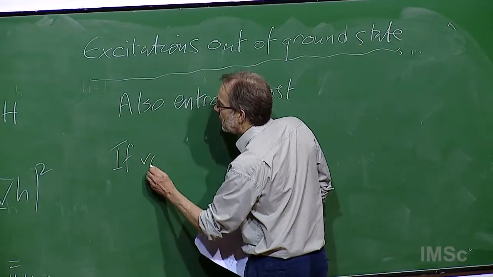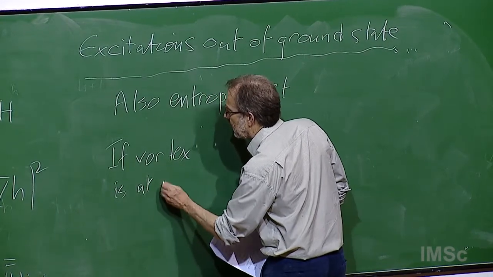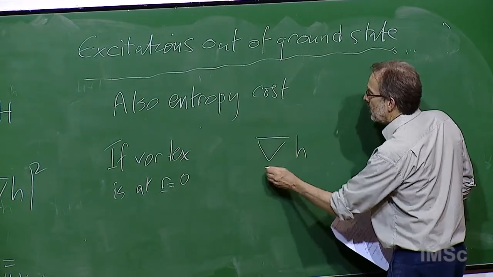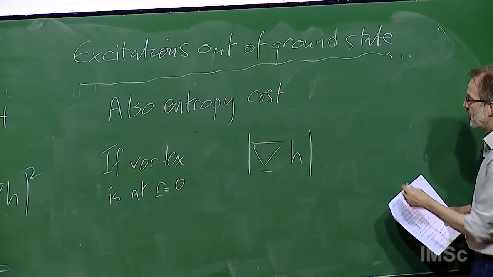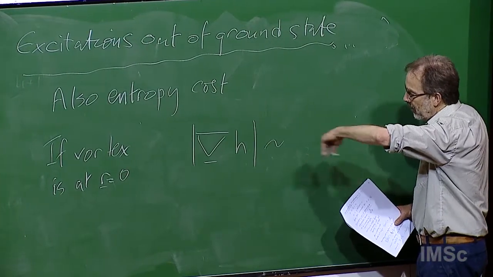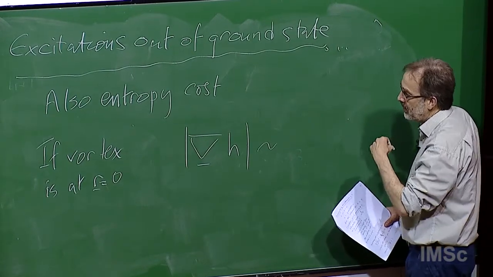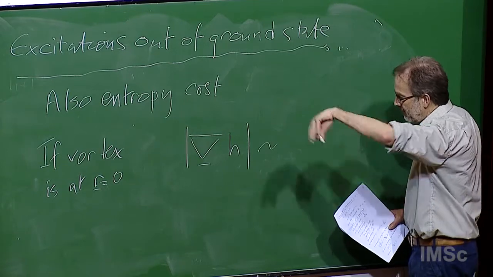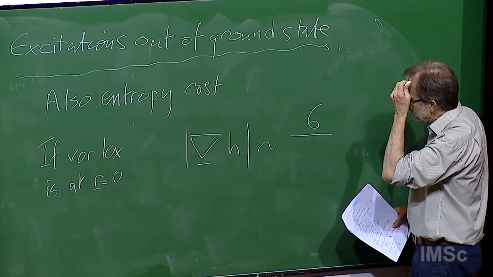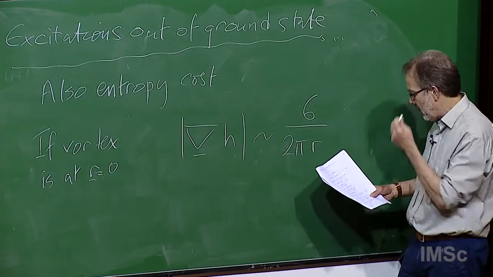So the vortex is at r equals 0, then grad h must, well, if we go around the origin at a radius of r, then the height field increases by 6 units, so the gradient must be 6 over the radius of that circle, in other words, 2 pi r.